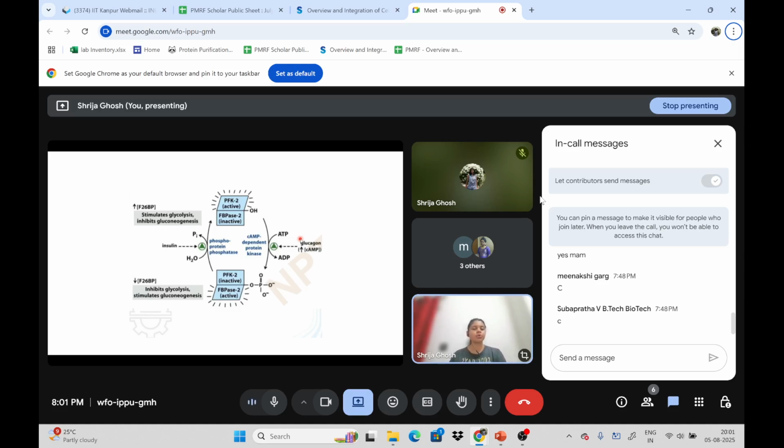So depending on what the body needs, these hormones, glucagon and insulin, will be secreted, and the activation and inactivation of PFK2 FBPase2 will occur, which will in turn activate or inactivate the gluconeogenesis or glycolysis pathway depending on the hormone that is secreted. Is that clear?